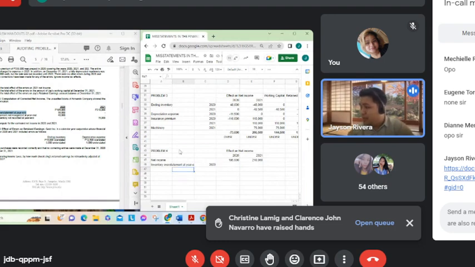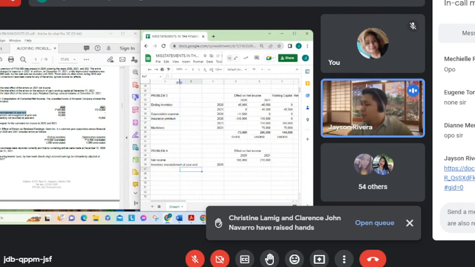So again, overstated ending inventory will result to understated cost of sales. So understated cost of sales will result to overstated net income. So we'll deduct 36,000 here. Come 2021, the beginning inventory is overstated, so that will result to overstated cost of sales. So understated net income.